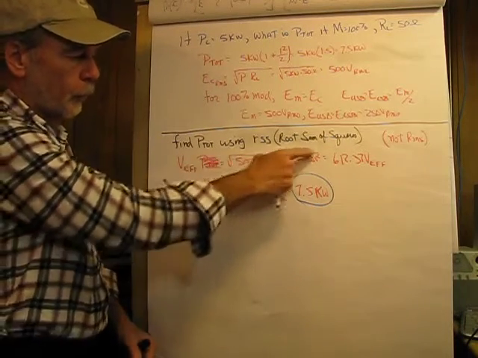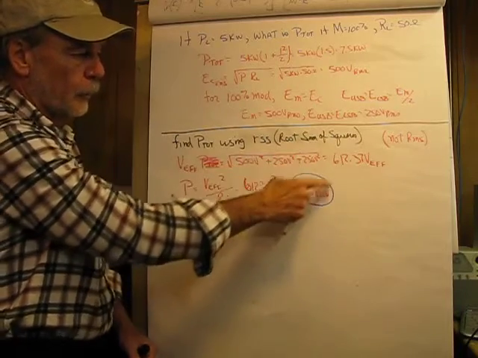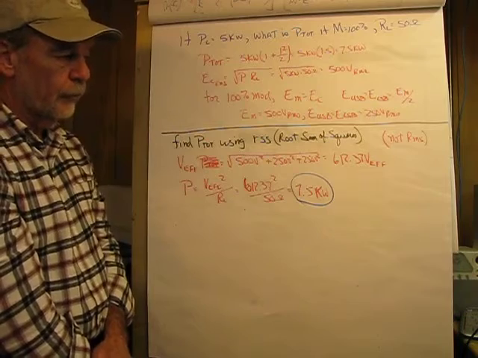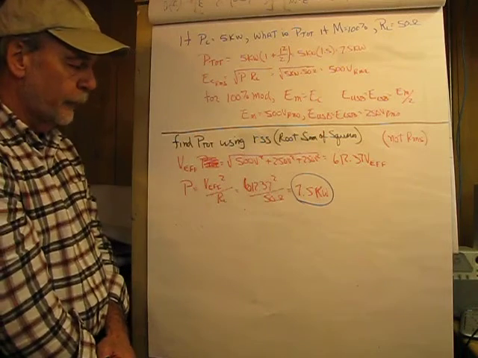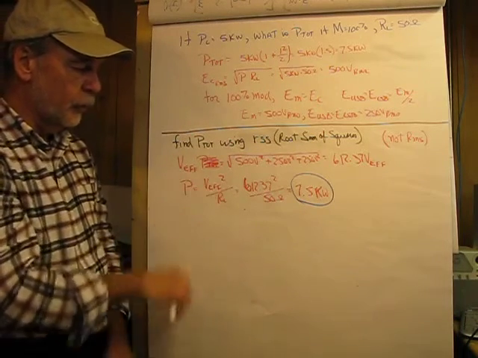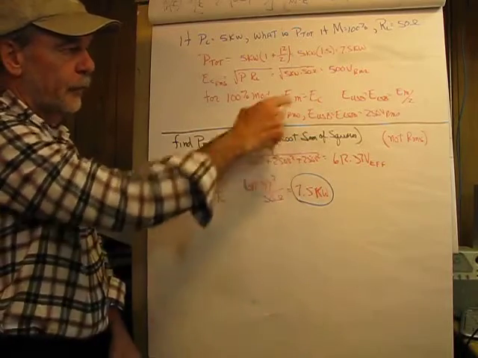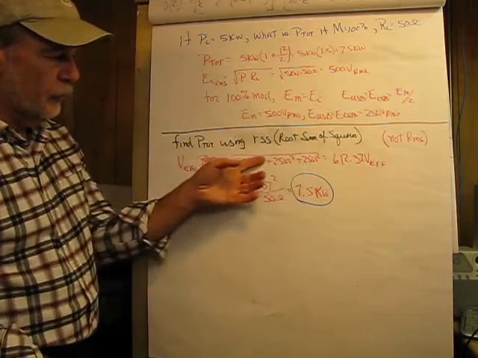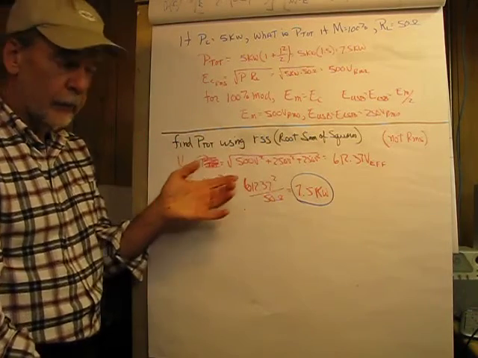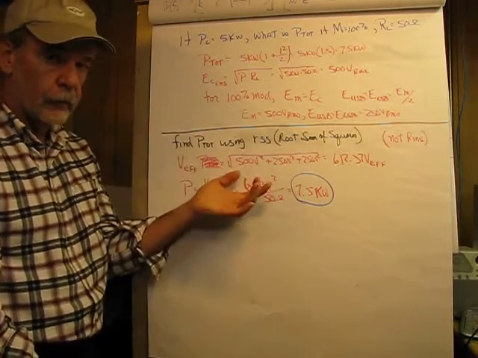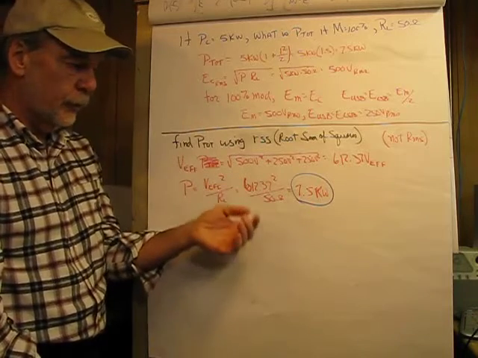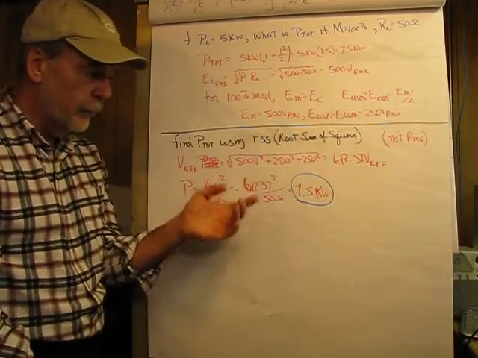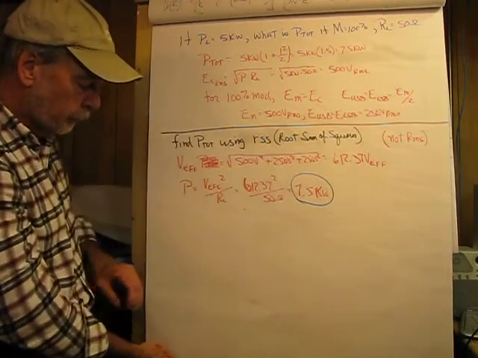So here's the square root, and then all we do is square the components, and that comes out to an effective voltage of 612.37 volts. Then to find the power is simply V squared over R, and we get 7.5 kilowatts again. So RSS is very convenient, and you can use this with DC and AC. If you have a DC voltage with an AC component riding on top of it and you want to find out the power, this is the way to do it.